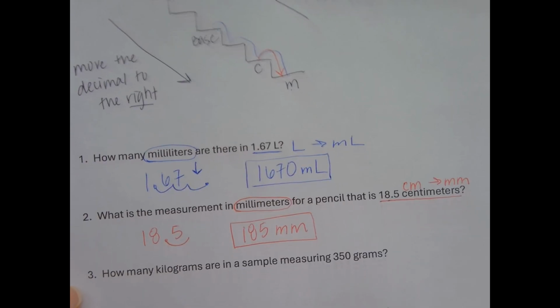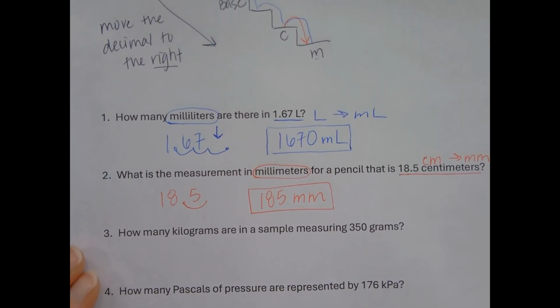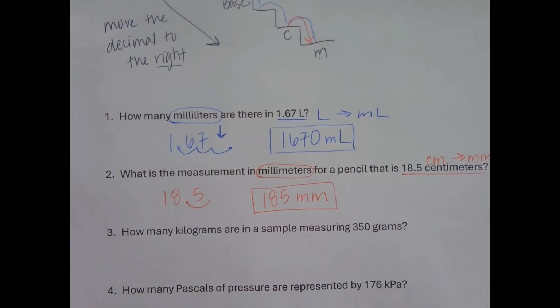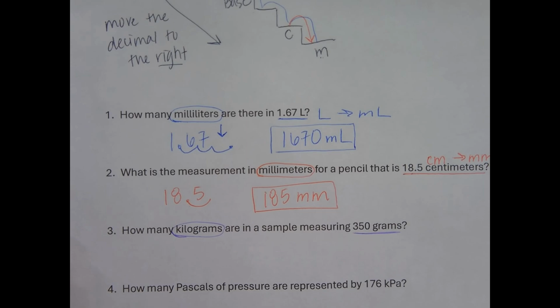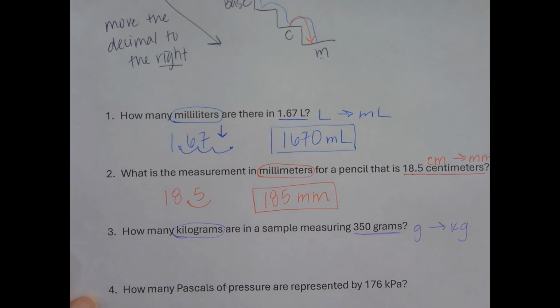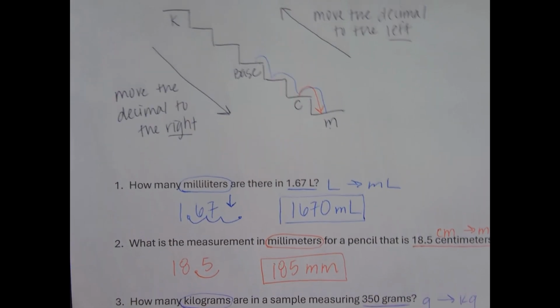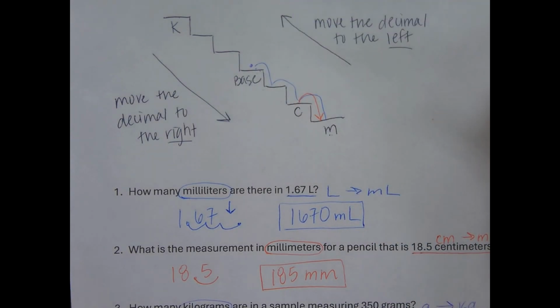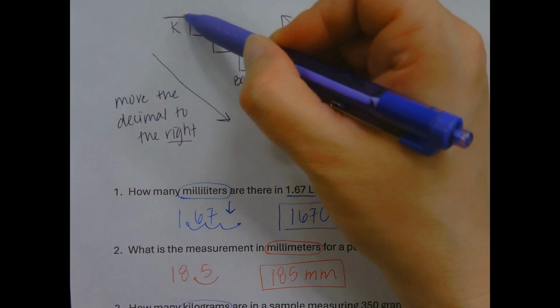Let's look at the next one. How many kilograms are in a sample measuring 350 grams? I'm starting with 350 grams, and I'm looking for kilograms. I'm underlining what I'm given and circling what I want. So I'm going to convert from grams to kilograms. Looking at my staircase, I'm starting at the base unit, which is my grams, and I'm going to end at the kilo.